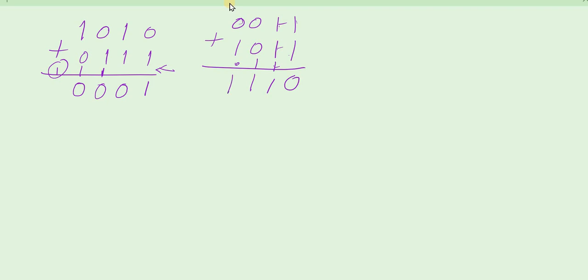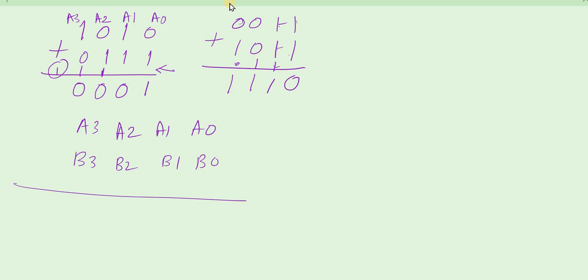Now let us consider that this number is A, then this becomes A3, this becomes A2, this becomes A1 and this becomes A0. Similarly this is the B number. So A3, A2, A1, A0 will be added to B3, B2, B1 and B0. This becomes the addition of 4 bits.